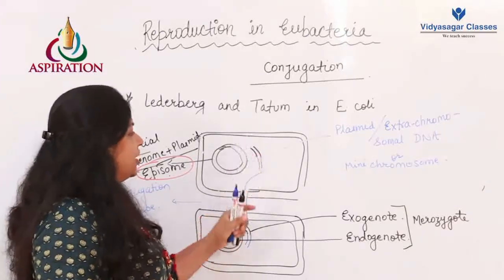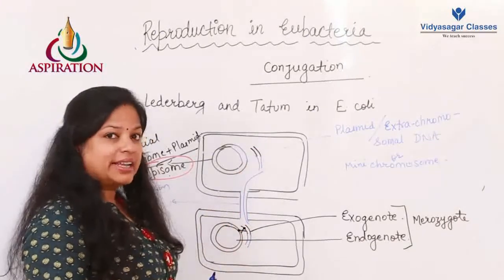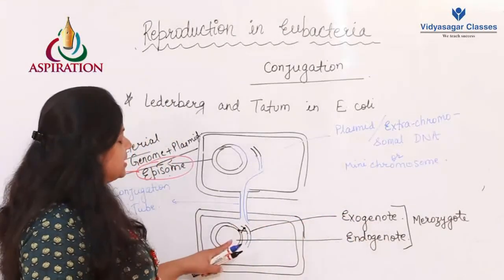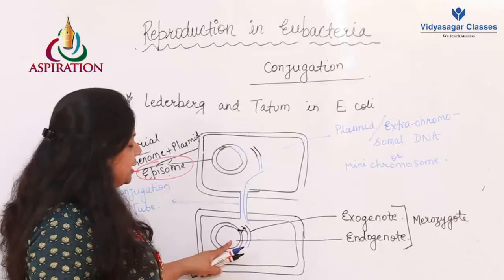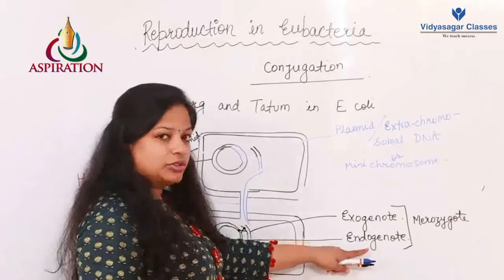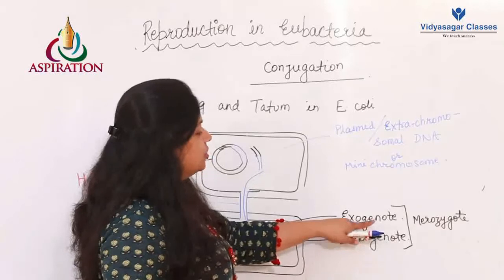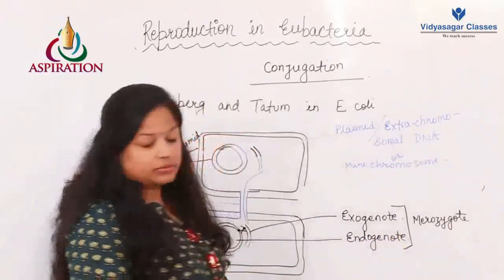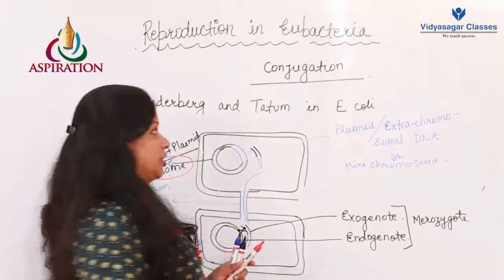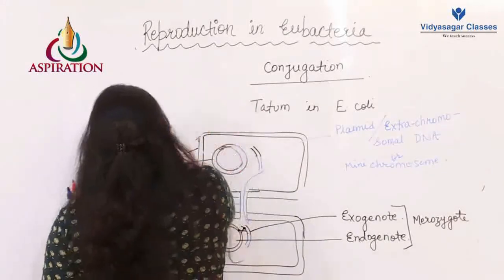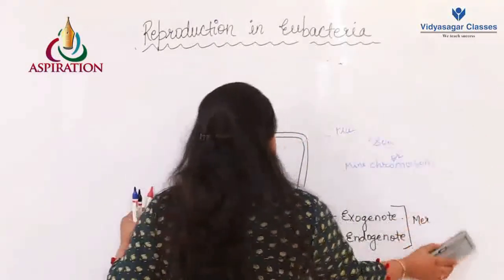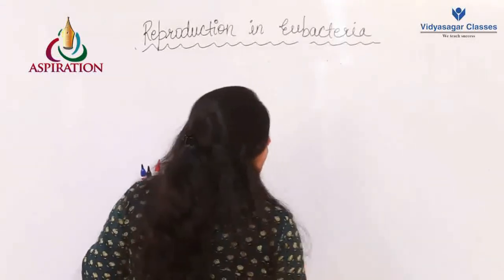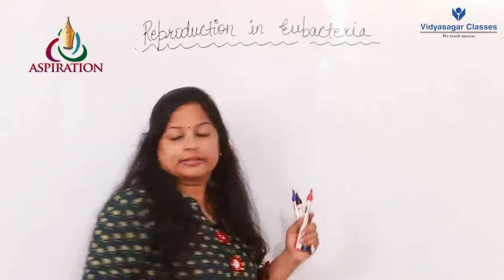The genetic part which comes from the F plus bacteria is known as exogenote, whereas the part which is there inside the recipient bacteria is known as endogenote. Together, exogenote and endogenote are known as merozygote. So this was about conjugation. Now come to the next process, known as transduction.